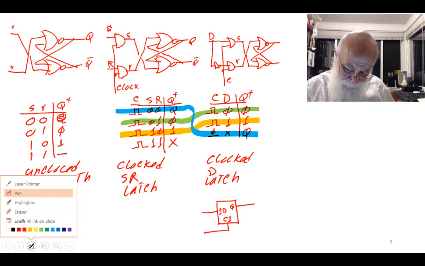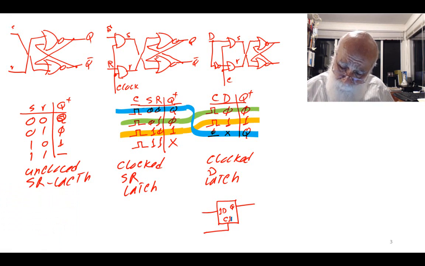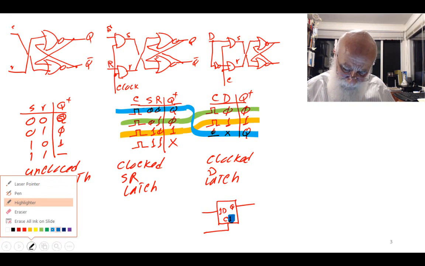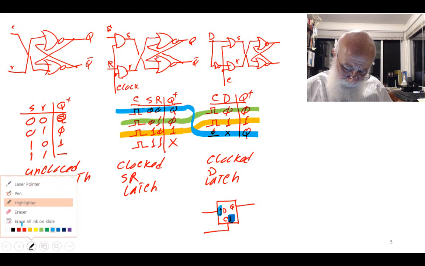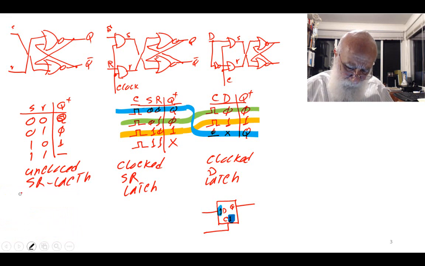One on the right hand side is the same number used on the left hand side here. When I use a number on the right hand side, that signal is controlling.